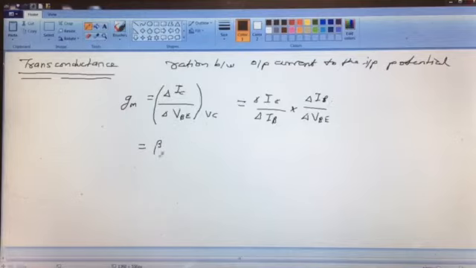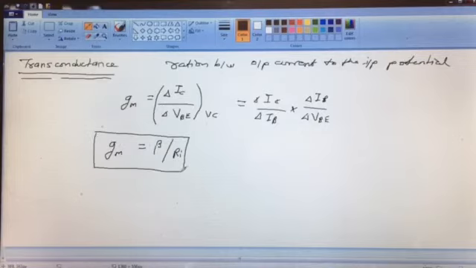So it can be written as beta upon R input, because this represents the input conductance. So common emitter configuration has the transconductance of beta times R input, and this is the R input in common emitter configuration.